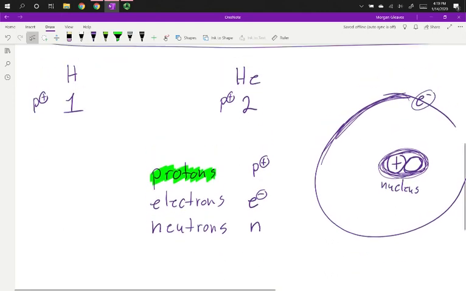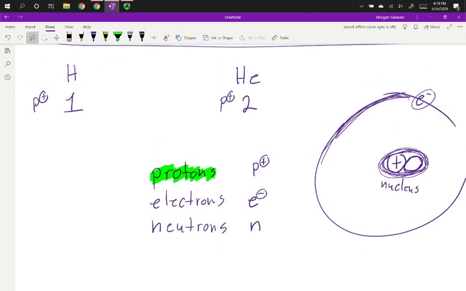Well, let's look at that atomic symbol for a minute. We're going to need to do a few more things to it if we want to talk about our electrons and our neutrons. So let's draw a generic element symbol. This could be a hydrogen, it could be a helium. I'm just going to call it X. There are 4 spaces around our element symbol where we put information.